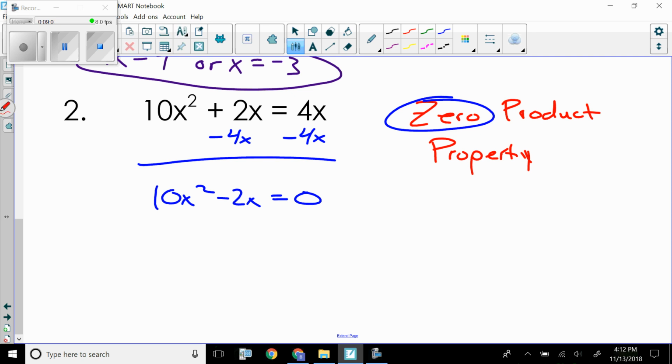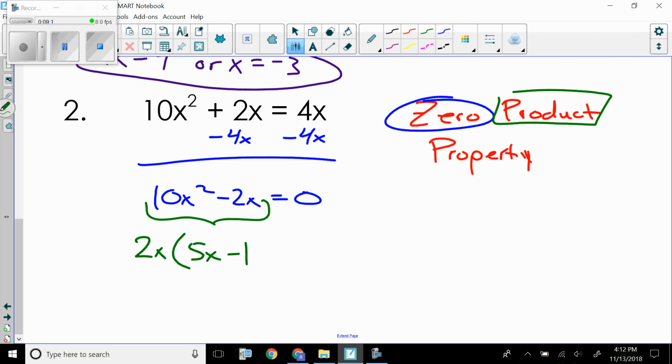The next part then that I need to actually complete is I need a product. Well, that means that I got to break this sucker down over here. So in this case, it looks like a 2x comes out of those, which would leave me with 5x minus 1. Now that I have a 0 and a product, I'm allowed to use the property.